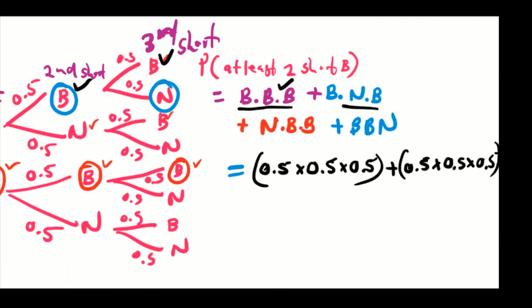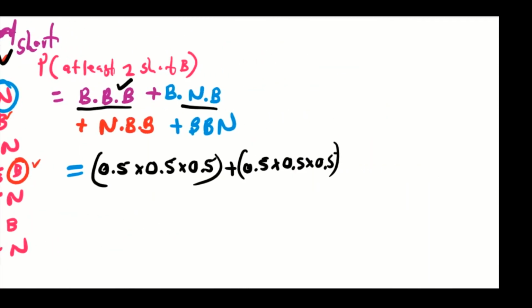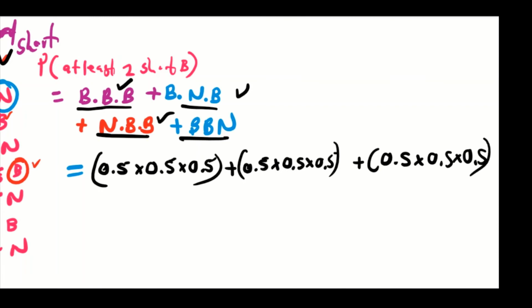And then for this one here, it's going to be plus 0.5 times 0.5 times 0.5, right? And for this one here, it's plus 0.5 times 0.5 times 0.5, right?